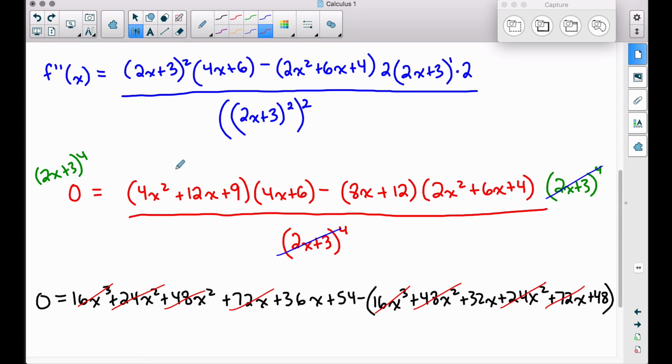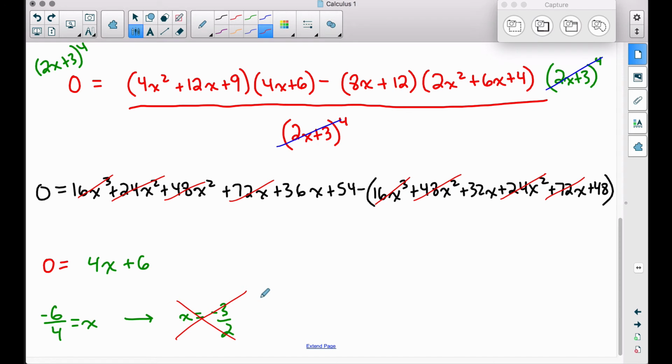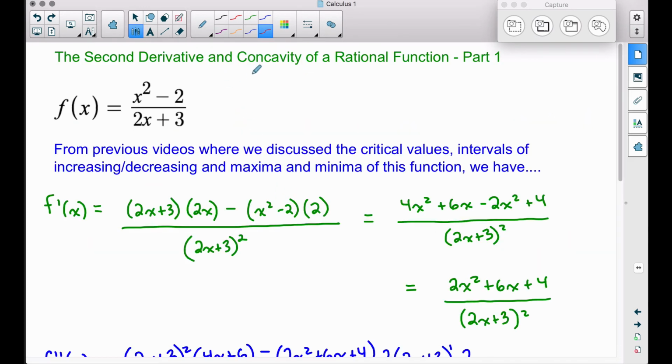So in part 2, when we come back and look at this, we're going to create another number chart. We're going to create some test values, and we're going to test the second derivative both on the left-hand side of negative 3 halves and the right-hand side of negative 3 halves. And that's where we finally can come to some conclusions about the concavity of this rational function.